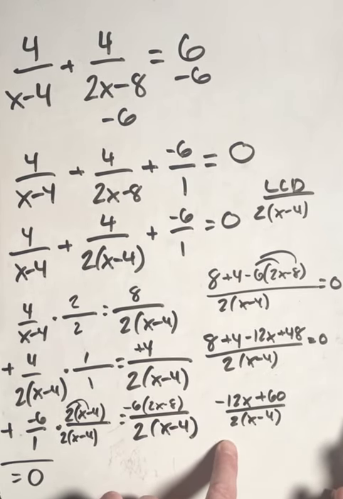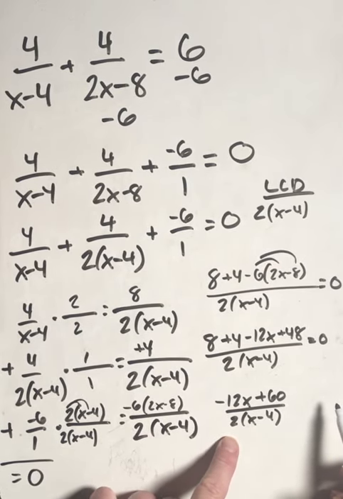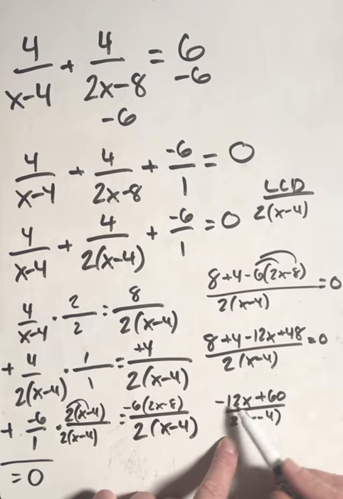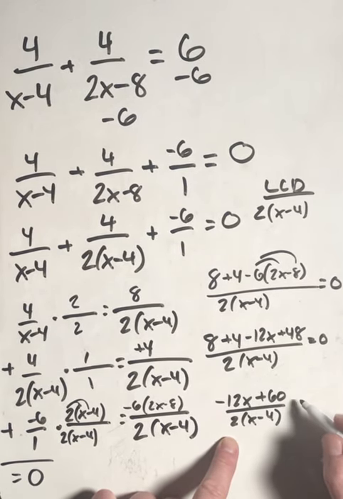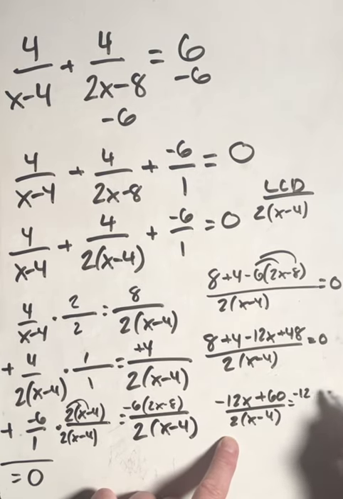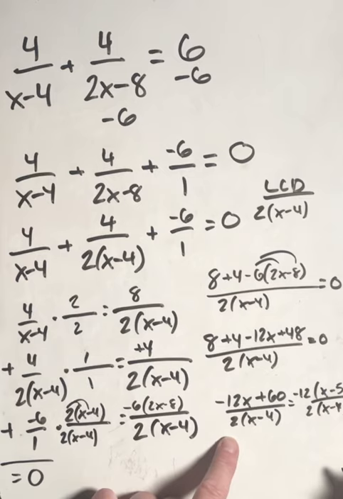And we can definitely do something more with this. Let's factor 12 out of here. So this would be negative 12 times x minus 5 over 2 parentheses x minus 4.